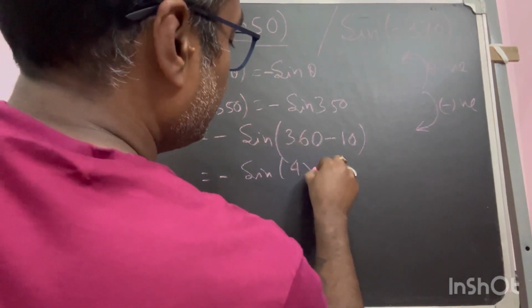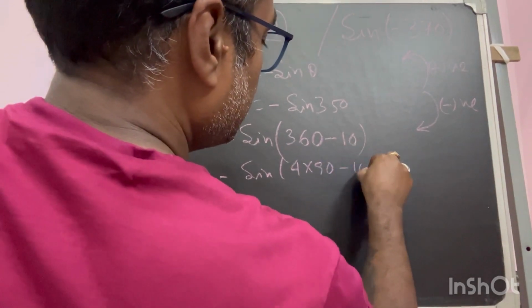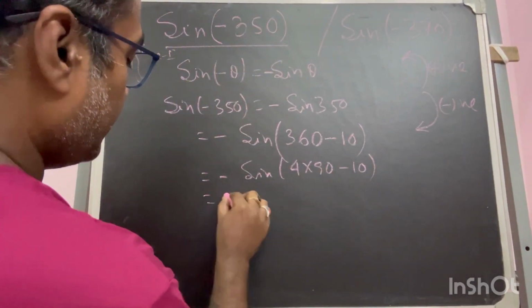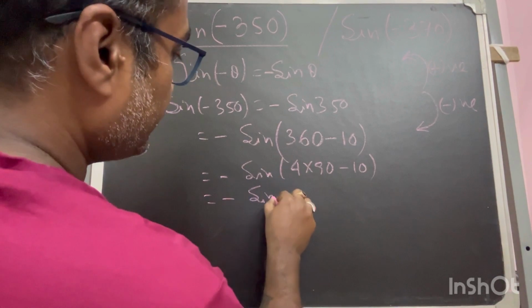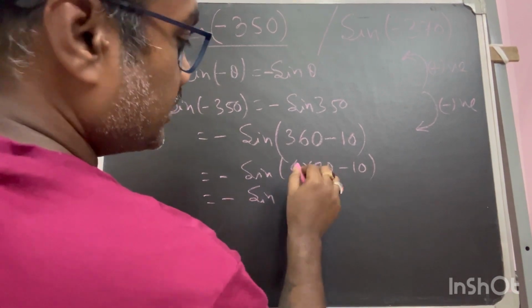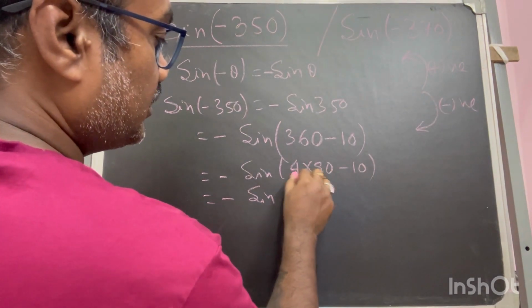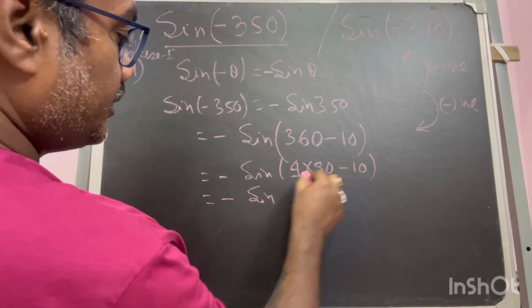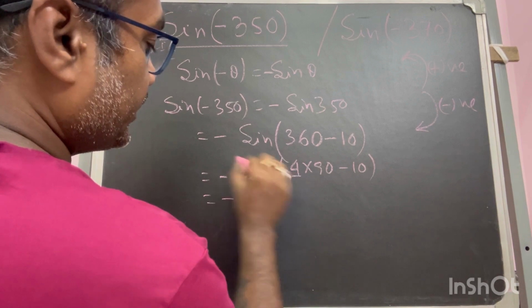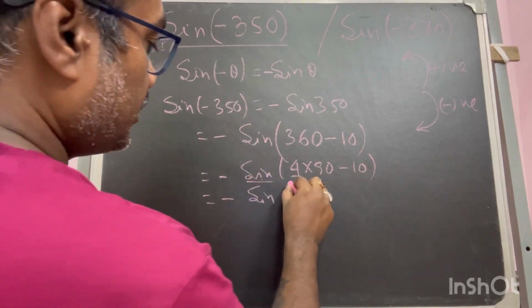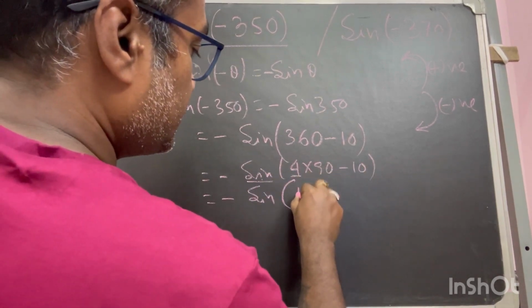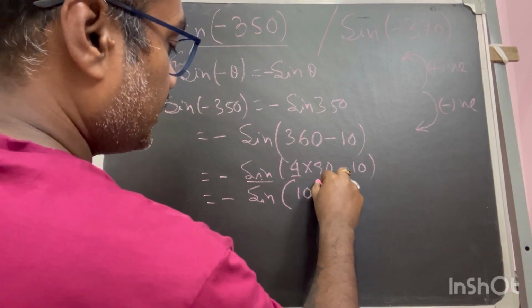Sine of 4 into 90 minus 10, and this is sine, because 4 is an even number, and any even number multiplied by 90 will keep the ratio the same, so sine will be sine, and the angle remaining is 10.